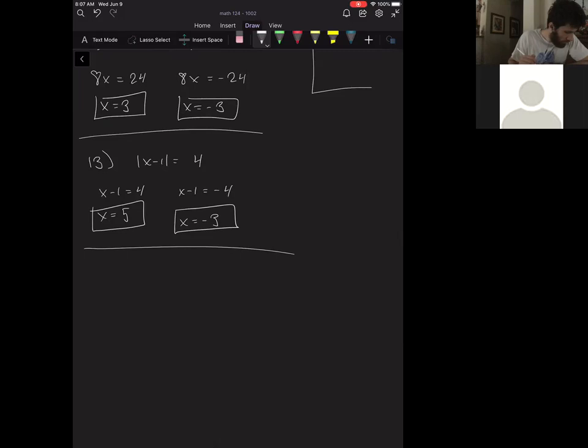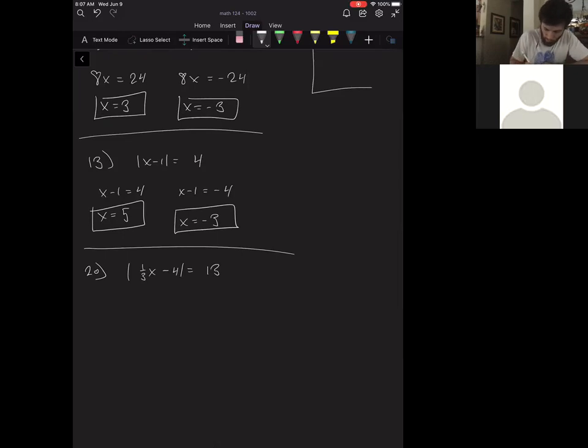What about 20? So 20 says the absolute value of 1/3 x minus 4 is equal to 13.